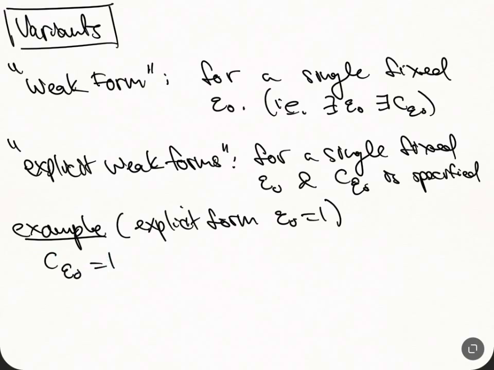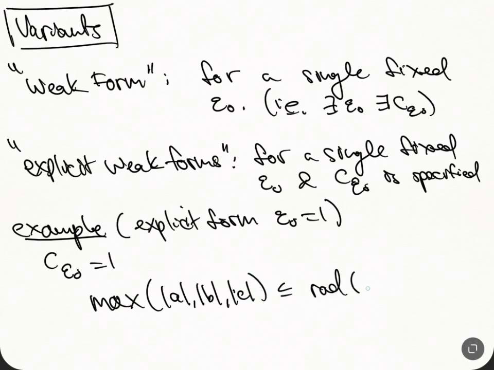I found this in Bombieri-Gubler. In particular, it says that the max of A, B, C is less than or equal to the radical of ABC squared. So this is really cool.